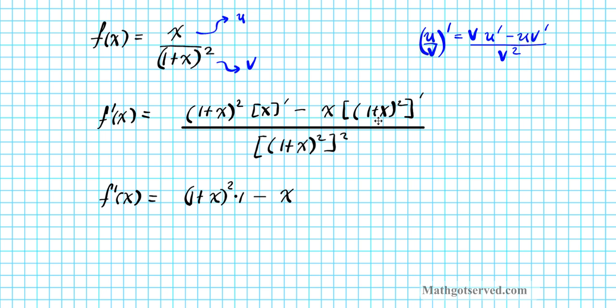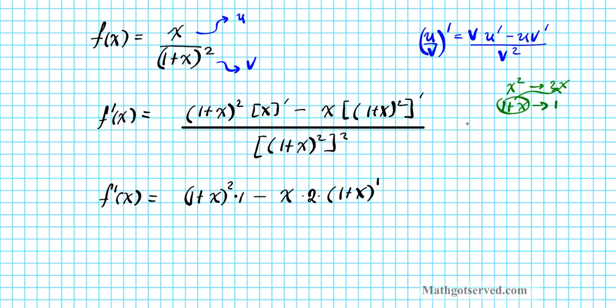Now, when we are differentiating 1 plus x quantity squared, we're going to be using the chain rule. The outer function here is x squared. Its derivative is 2x. And the inner function is 1 plus x, and its derivative is just 1. So we're going to evaluate the derivative of the outer function at the inner function, and then multiply it by the derivative of the inner function. Okay, so applying the chain rule here, we're going to have times 2 times 1 plus x to the first power.